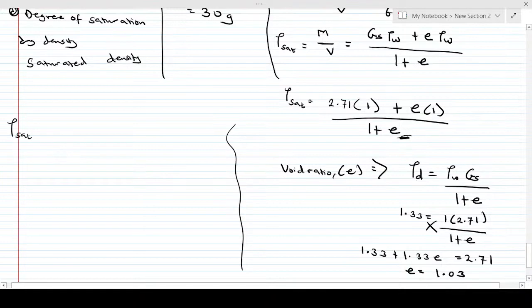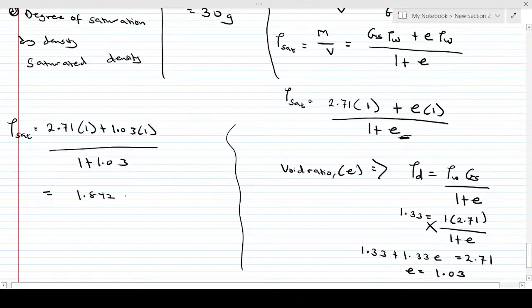My saturated density is 2.71 plus 1.03, multiplied by 1, all divided by 1 plus 1.03. Then I get my saturated density to be 1.842 grams per centimeter cube. Right. The next thing I'm supposed to find is my porosity.